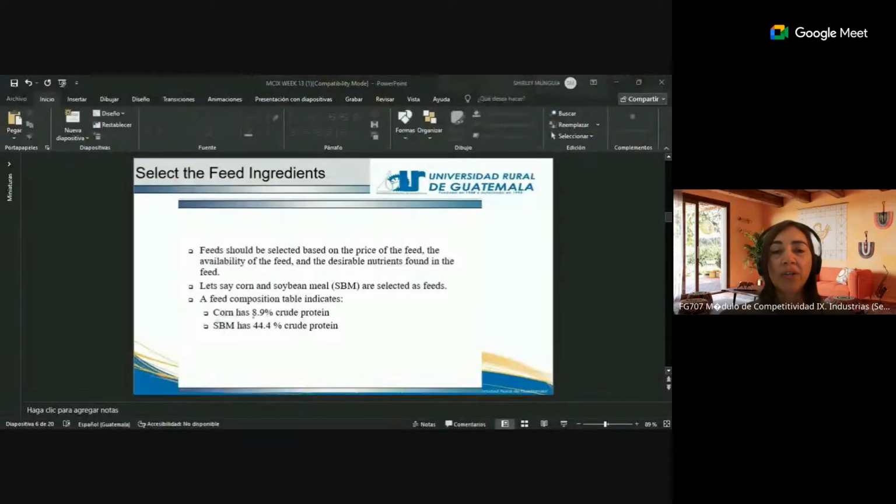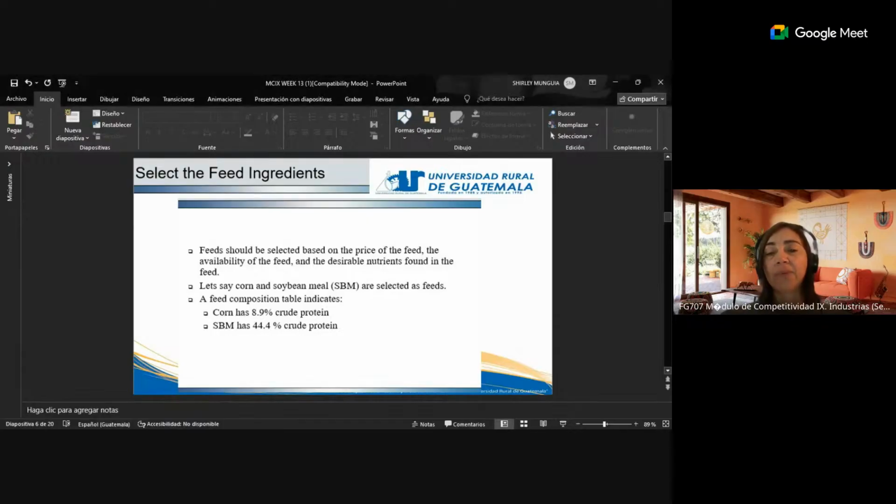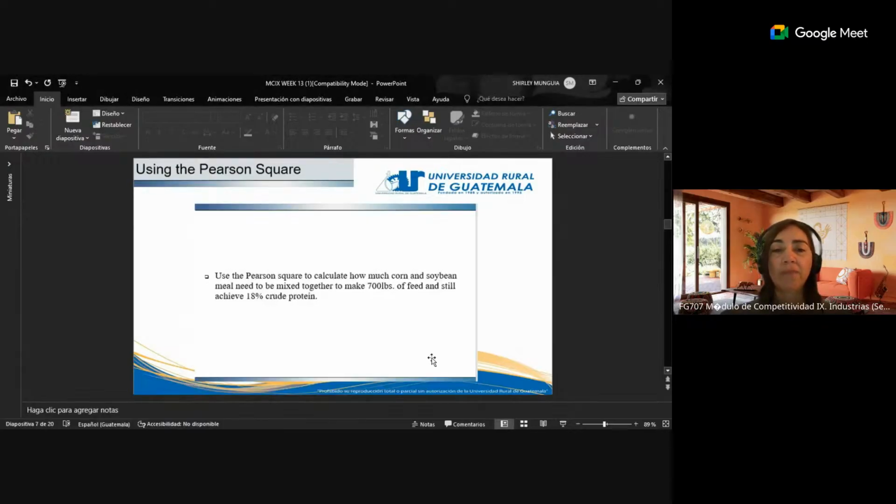So we have the corn composition. We know that the crude protein is 8.9% in corn and the soybean has 44%. When we calculate in the Pearson square, we always have one number that is higher than the other one, and one has to be higher than the percent of what we're looking for.